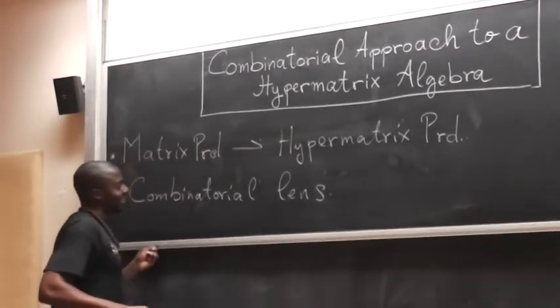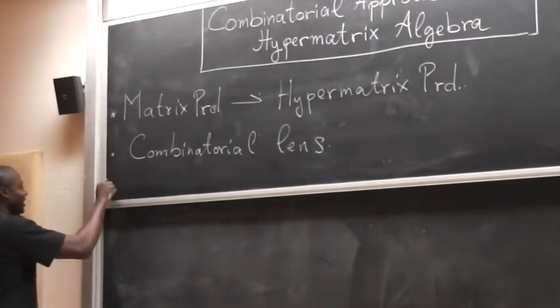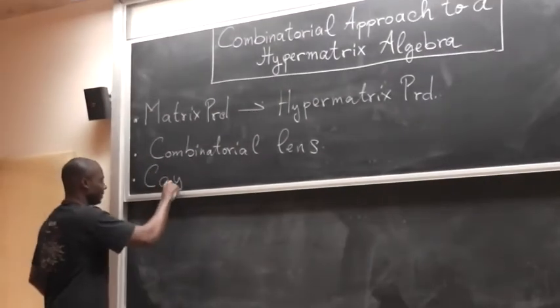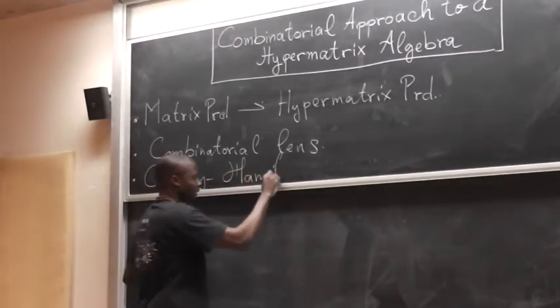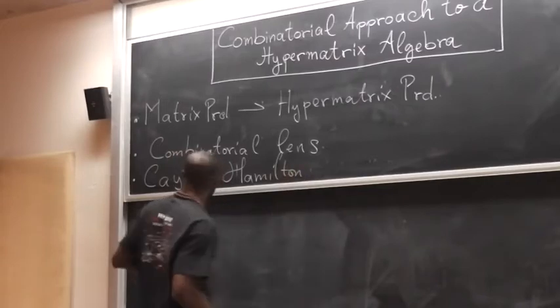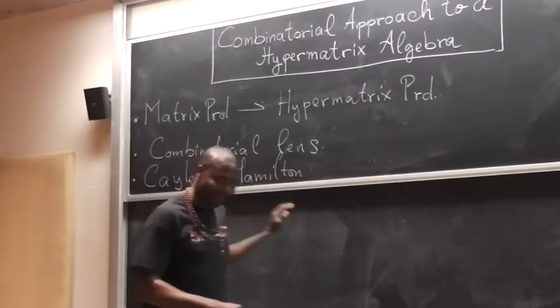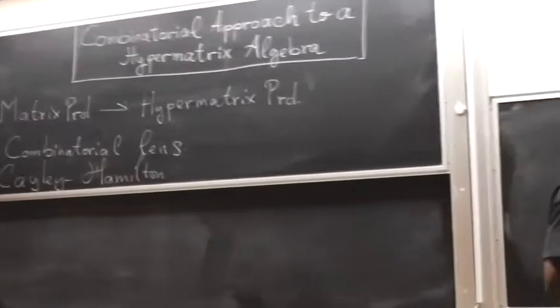And finally, hopefully we get to the Cayley-Hamilton theorem. And if I can make it this far before the 48 minutes, we could discuss even more. As I said, questions are welcome at any point during the talk.